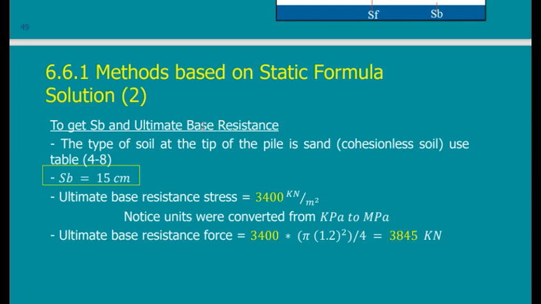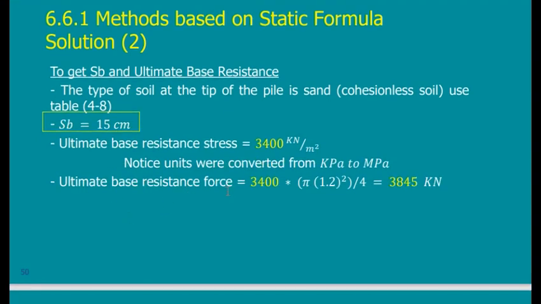So this is the first point. SB: if I go to the curve in the previous slides, I will find that SB in this case will be 15 centimeters. I go to the table for the ultimate base resistance and get the number here. I multiply it by the area of the pile to get the load.